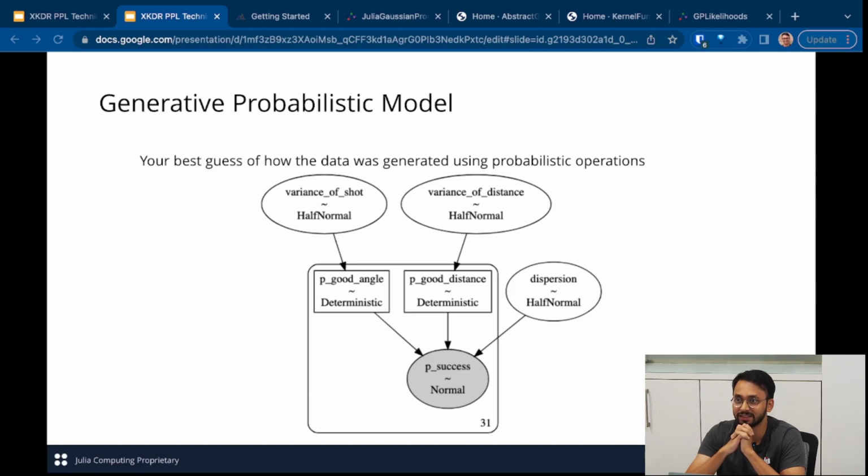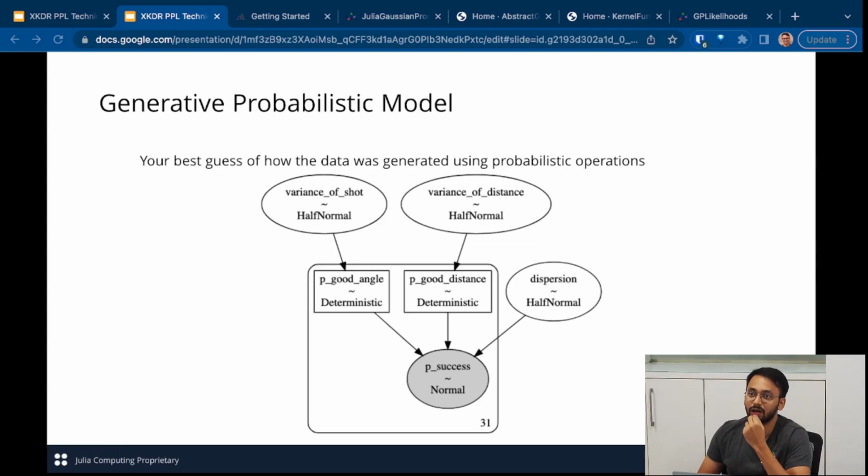So here you can see that some of them are deterministic computations. You can see that P good angle is a deterministic computation, but there's a probabilistic element to it, and the probabilistic uncertainty is propagated through the probabilistic graph.